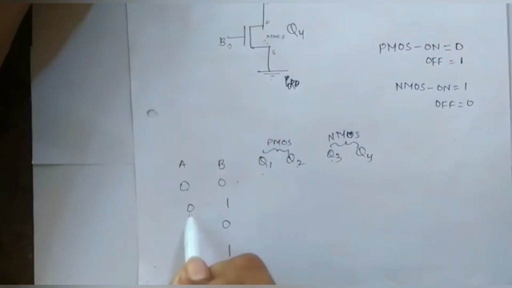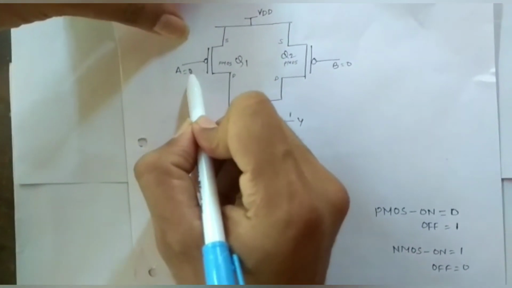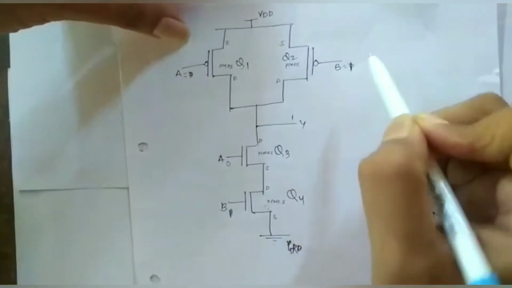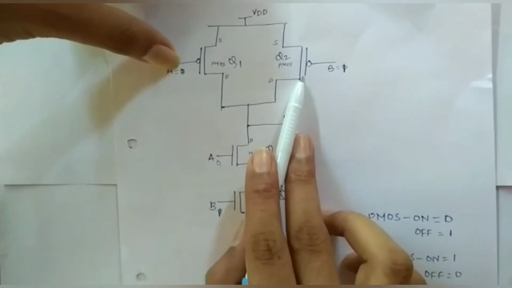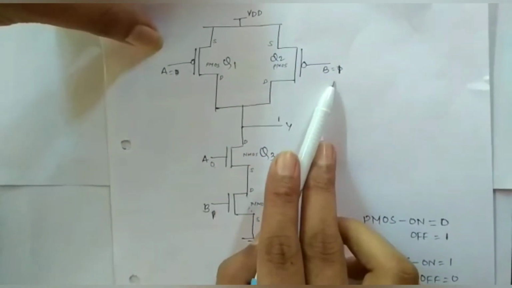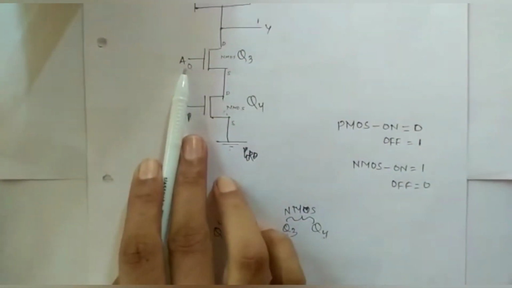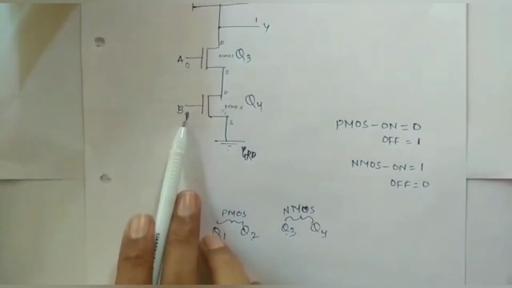For the next input, 0 1, when A is 0 and B is 1, the PMOS with A will be on and connected to VDD, but the other PMOS will be off because PMOS is on for 0 and off for 1. Among the NMOS, one will be off and the other on.